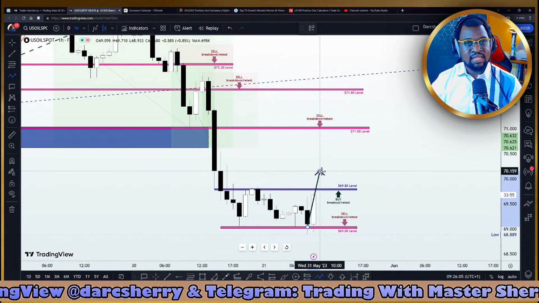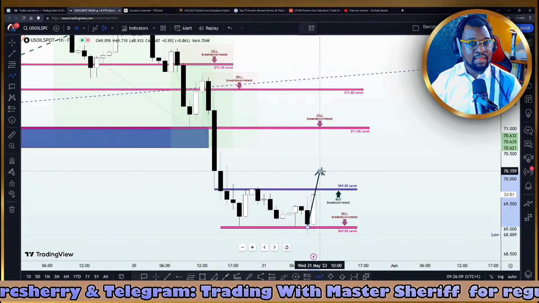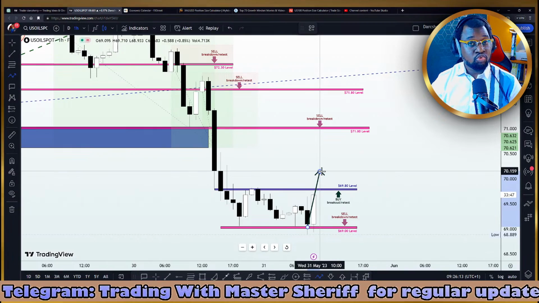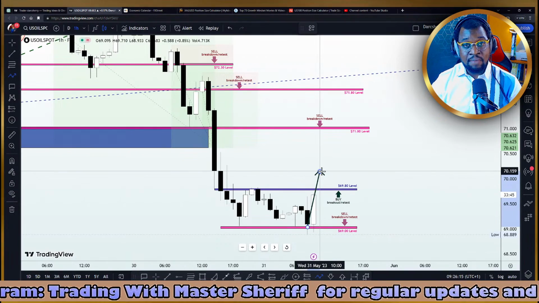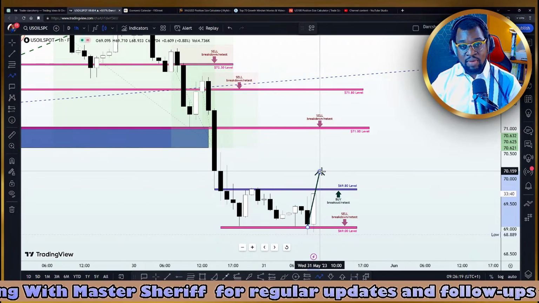Now, how do we intend to open a position here? Well, for me here, and considering the fact that this is a very strong bearish momentum, we would rather wait for some confirmation to happen here before we join any momentum at this point.